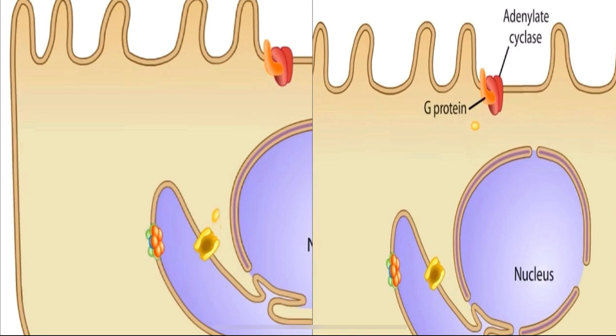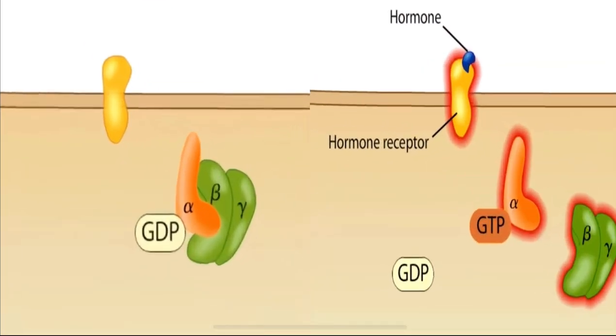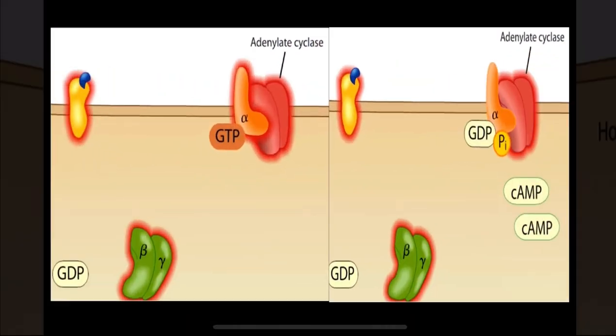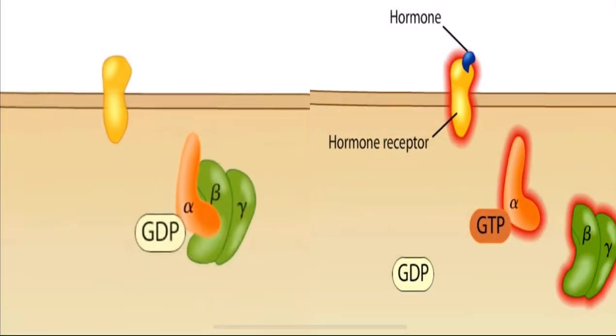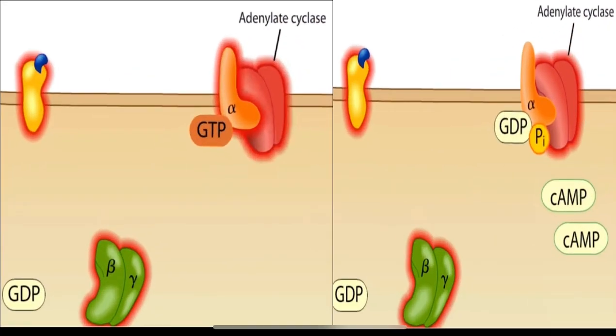Before understanding that, quickly we need to know how the normal functioning works. Normally, it resides as alpha, beta, gamma subunits. Whenever the appropriate receptor gets activated, when the hormone comes and activates the receptor, the alpha subunit separates itself from the beta and gamma subunits. The activated alpha subunit will go and bind to the adenylate cyclase and activate it.